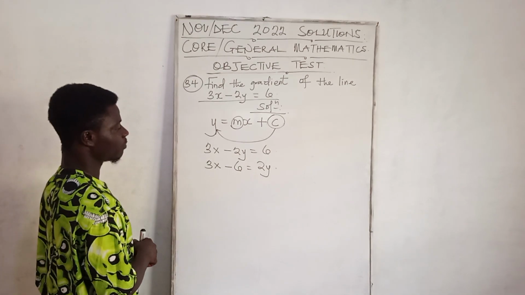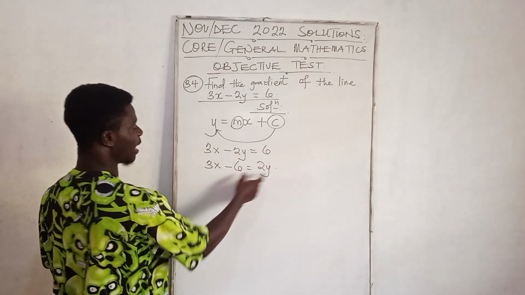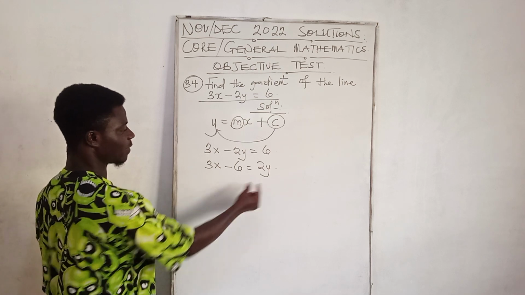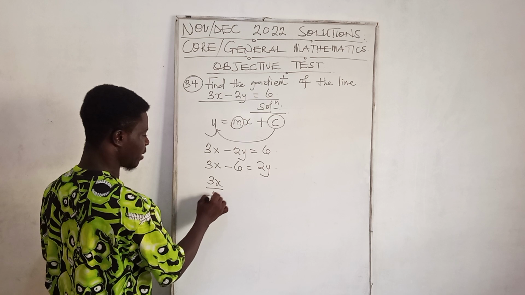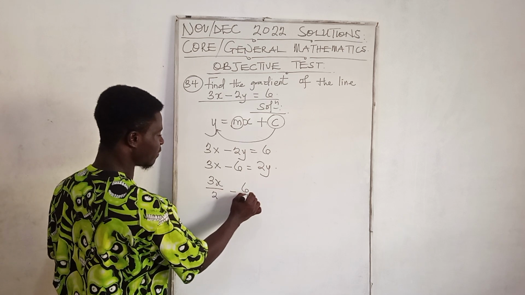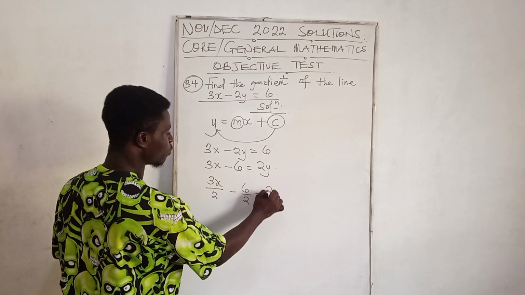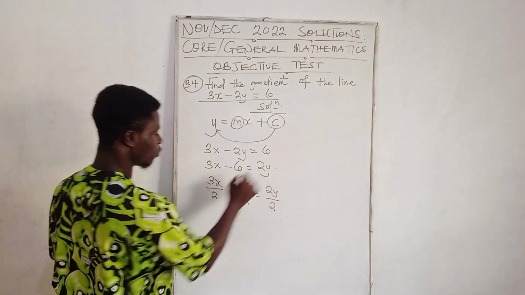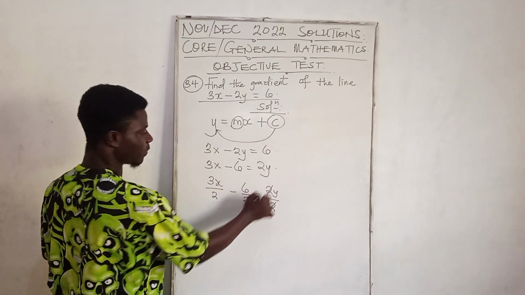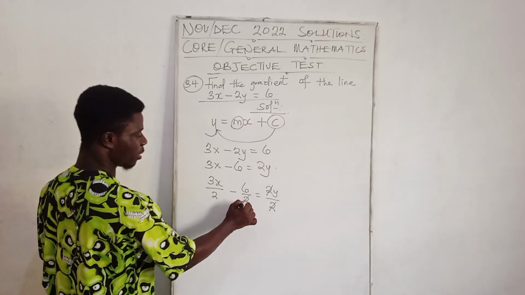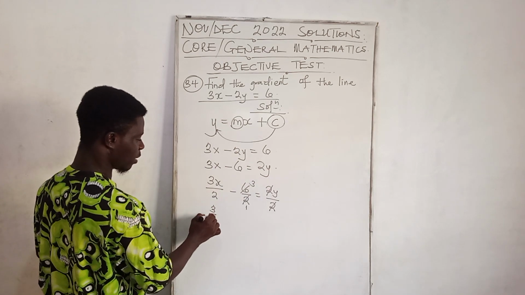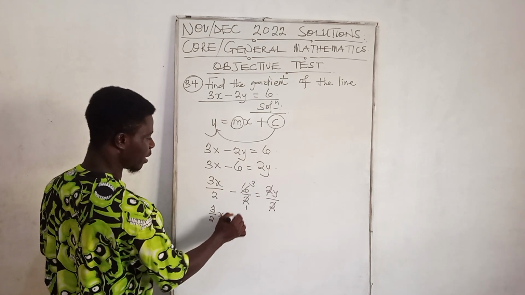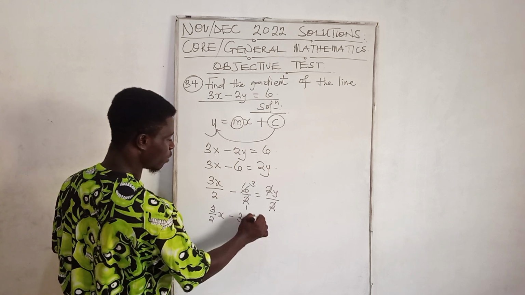Then what again? We can divide both sides by what? 2. That's the coefficient of y. So I have 3x divided by 2 minus 6 divided by 2 equals 2y divided by 2. So that this guy cancels that. So 2 here, 1 into 6, 3 times. So I have 3 over 2x minus 3 equals y.